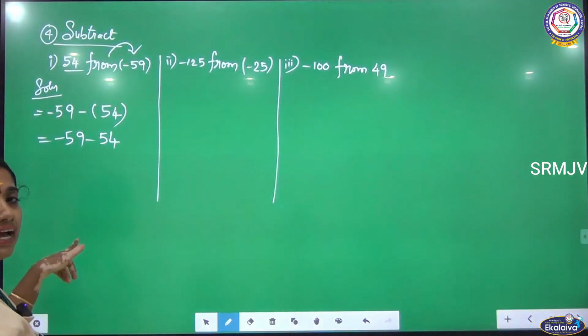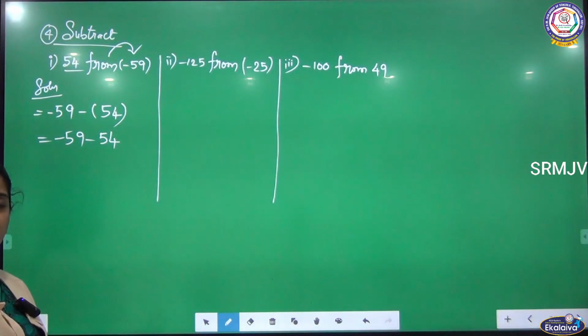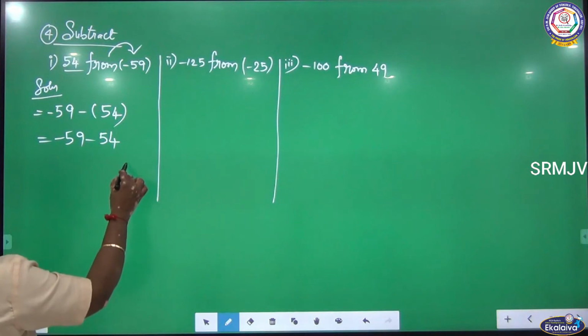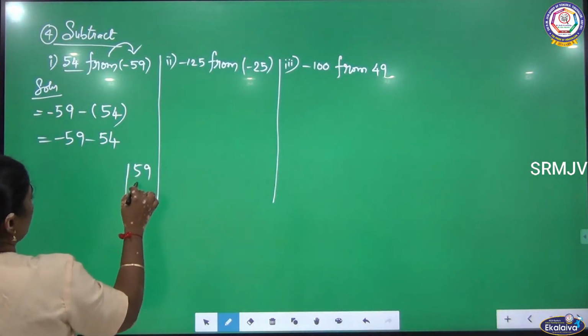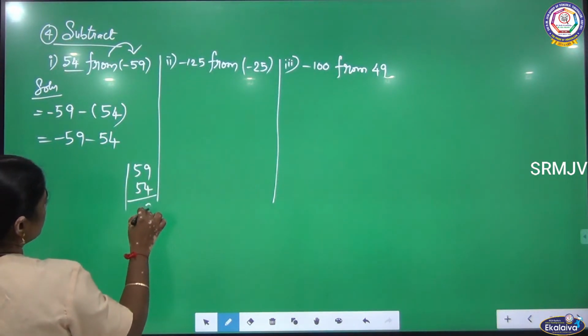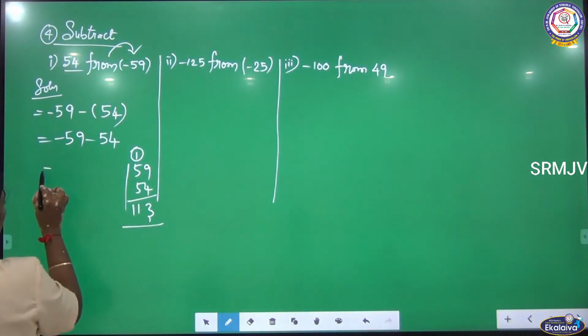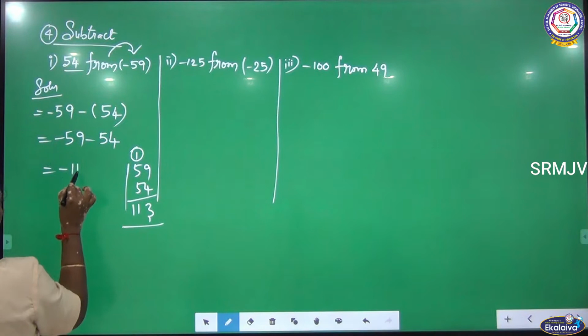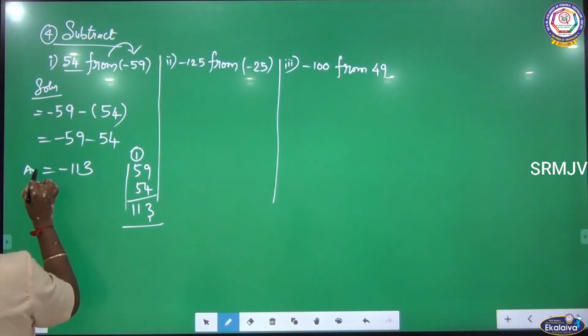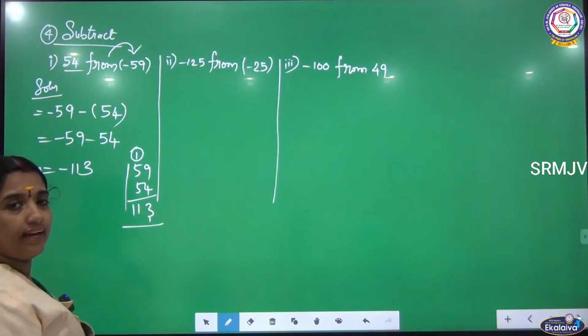Since the two signs are the same, add and then put that sign. When I add 59 with 54, what is my answer? 113, which is minus 113. Is it clear, children?